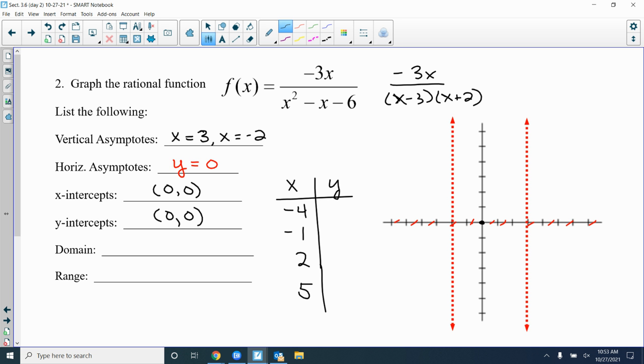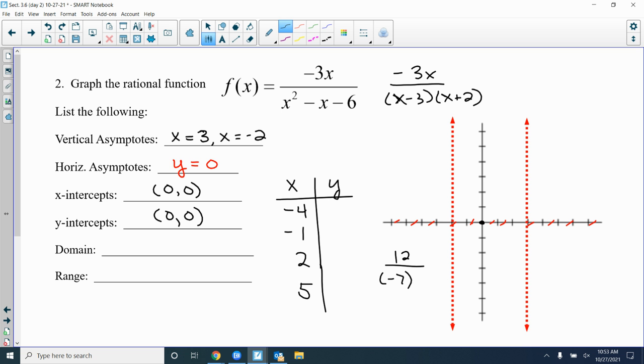All right. Let's just go through here pretty quick due to time. So negative 4. I like to plug it into the factored form. Let me just do this on the side, and then I'm going to erase it. If I plug in negative 4, negative 3 times negative 4 is 12. Negative 4 minus 3 is negative 7.